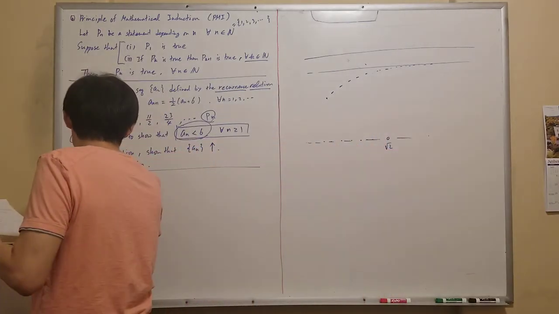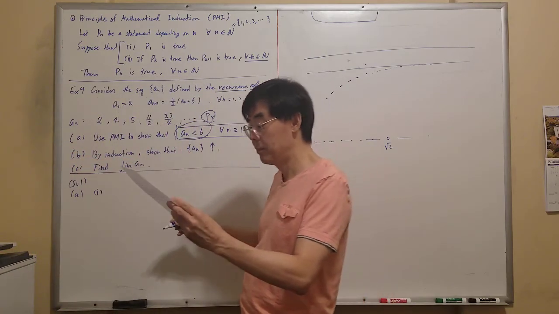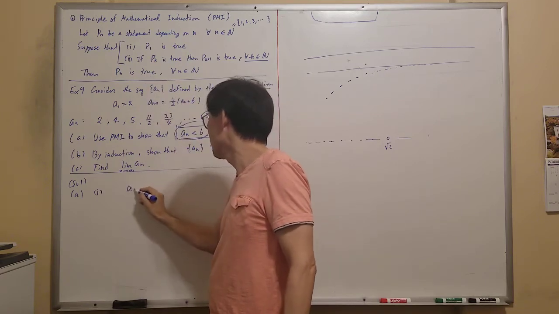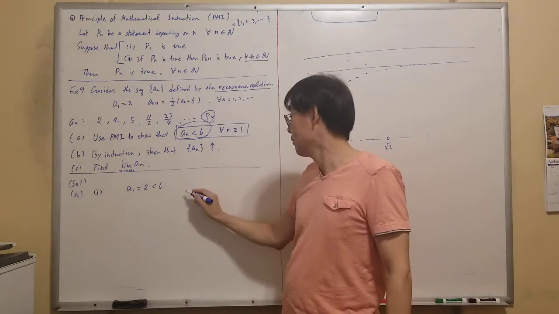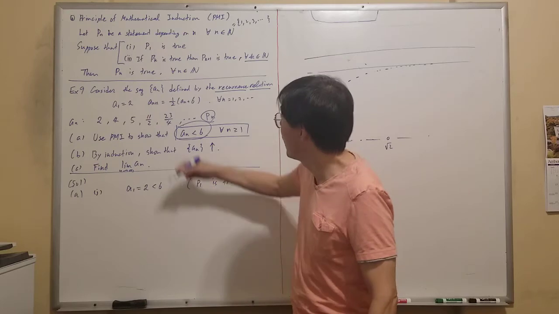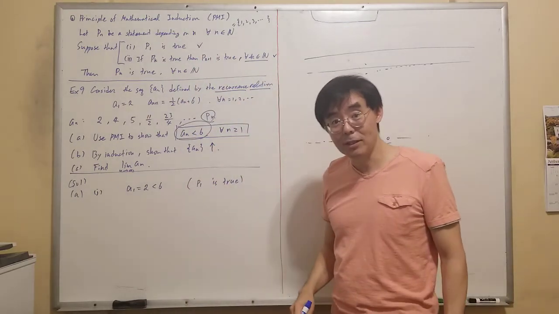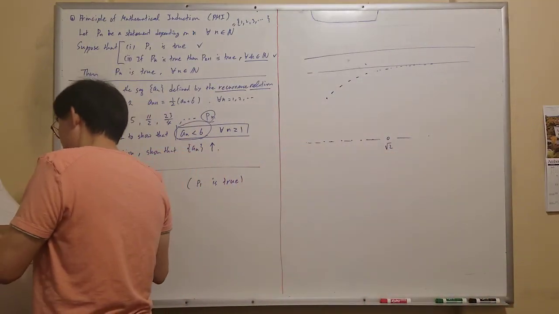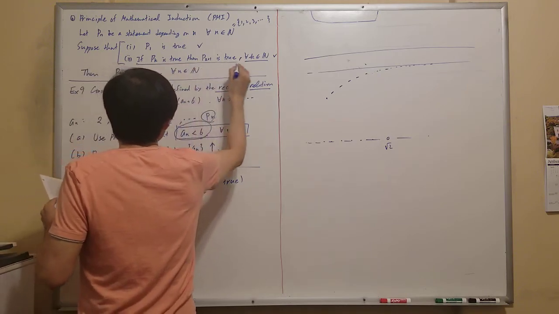So obviously, what is P_1? P_1 is a_1. a_1 is 2, obviously less than 6. Which means we just showed that P_1 is true. We have to establish these two, right? The first one is obviously easy. Checking this one, the first one. Second, now we have to establish this.